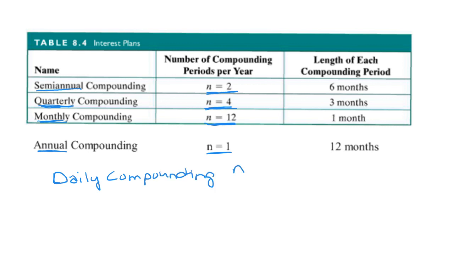What we normally would say is n is equal to 365. Now, some of the financial institutions will tell you that n is 360 because they're eliminating the 5 federal holidays. So that's up to the institute. They will specify, but when we say daily, normally in our reading, they will tell us 365 days.